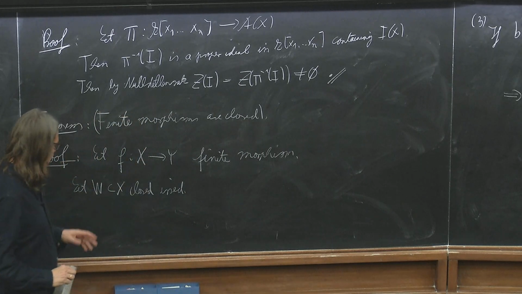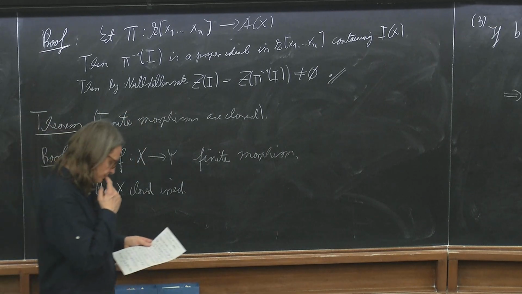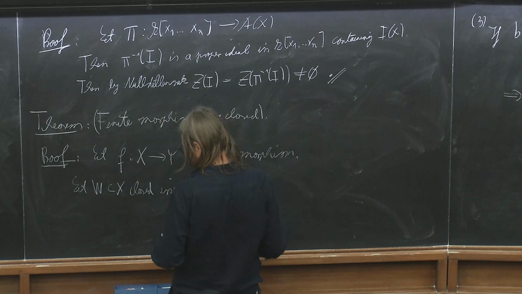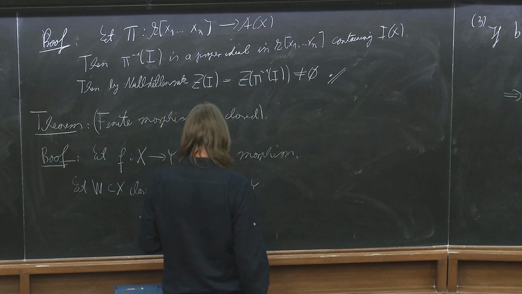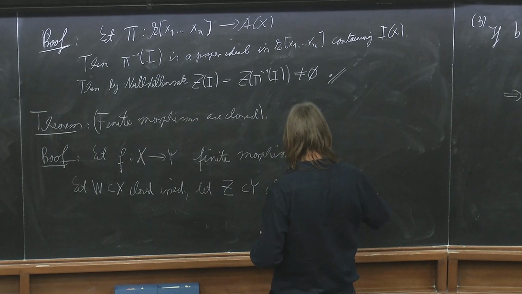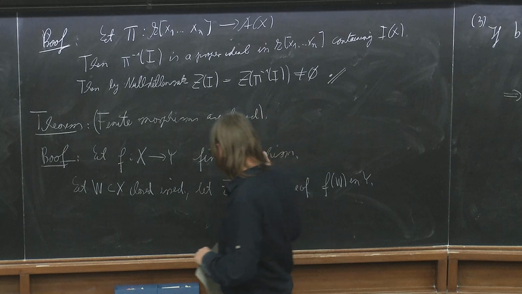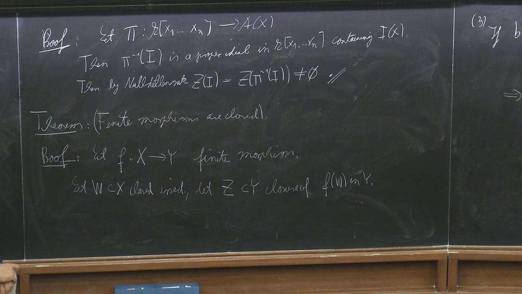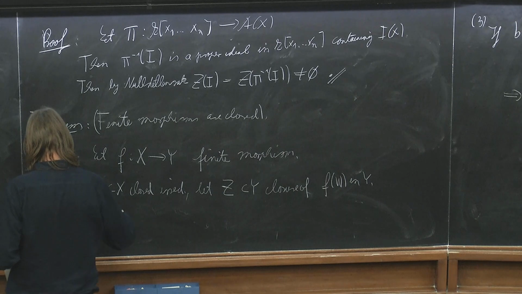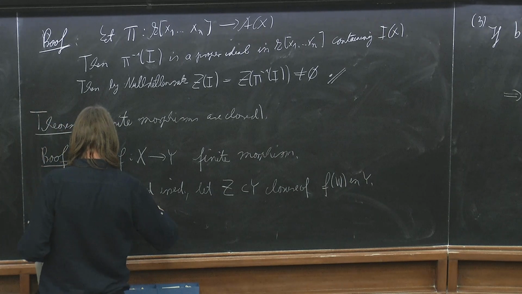So we have to show that f of W is closed in Y. So let Z in Y be the closure of f of W. As we are supposed to show that f of W is closed in Y, we therefore have to show that f of W is equal to Z.